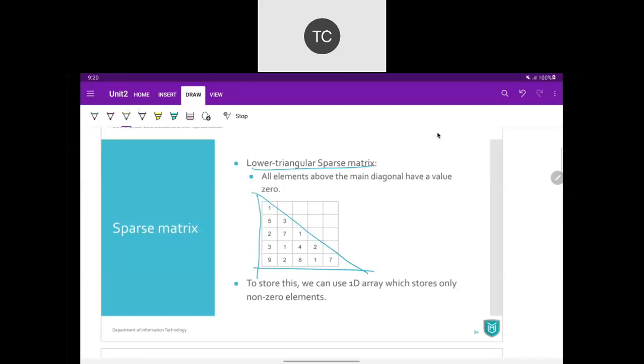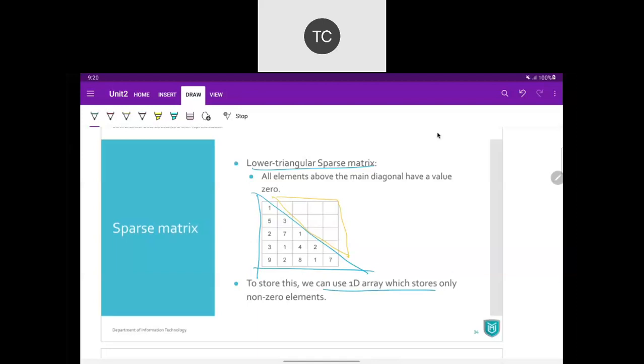the upper triangular part of your matrix is not required actually. Now all the elements above your principal diagonal will be 0, and we do not want to store it. So what we do is we are going to convert this 2D array to 1D array somehow.